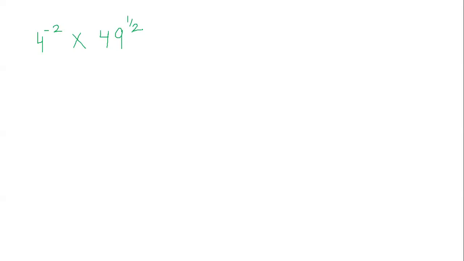Okay. So we have 4 to the power of -2 multiplied by 49 to the power of a half. Okay. How are we gonna do that?